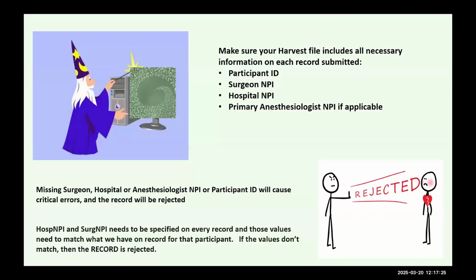Okay, so let's talk about what the necessary information is, as Paul was just mentioning. You've got to have a participant ID. You've got to have a surgeon NPI number. You have to have a hospital NPI number.